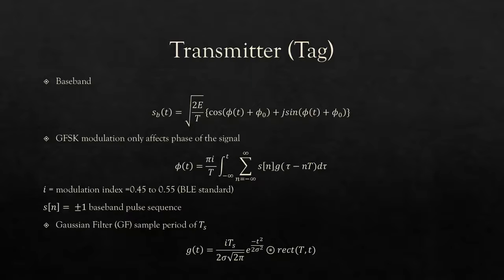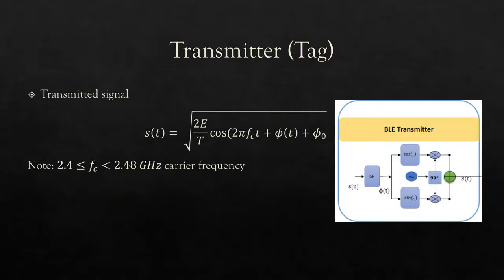The Sn has the value of about +1 and -1. And here is the transmit signal formula that we get from the block diagram on your right hand side. The carrier frequency will be about 2.4 to 2.48 GHz.